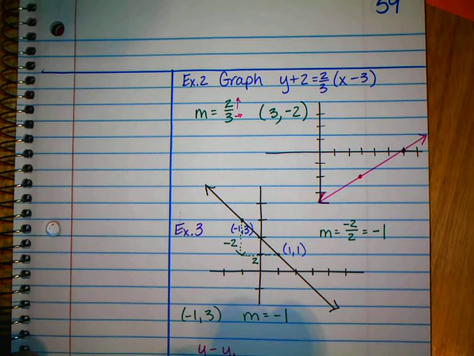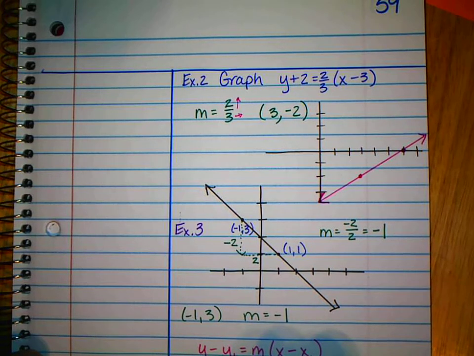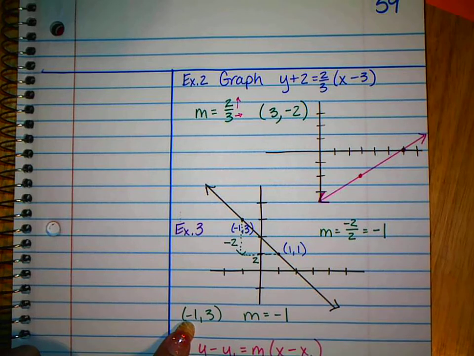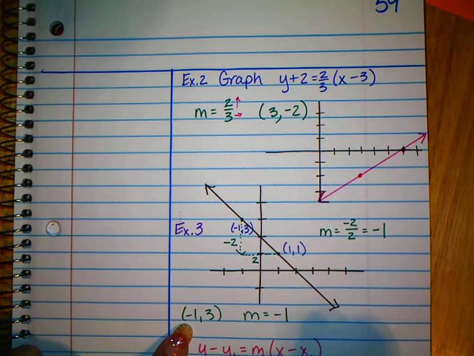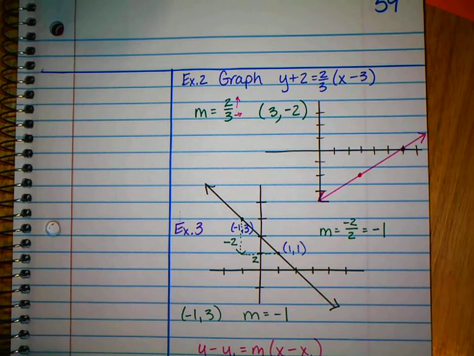So I have y minus y1 equals m times x minus x sub 1. So this is y minus 3 equals a -1 times x plus 1, because I'm going to subtract the -1. So that's really adding. So there's that equation.